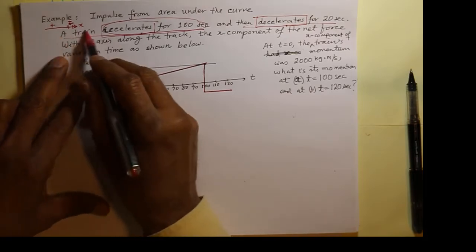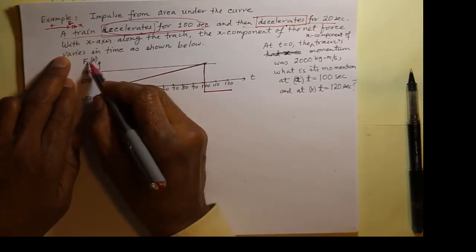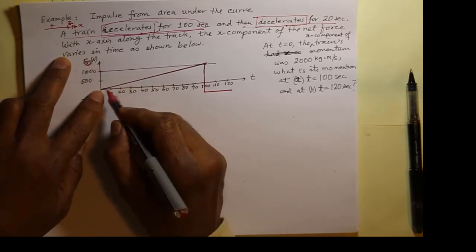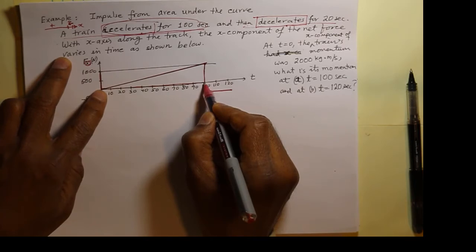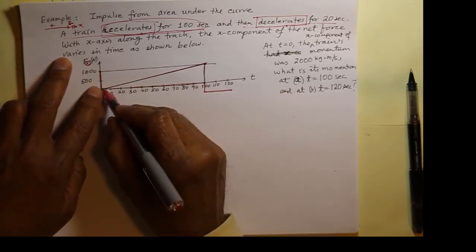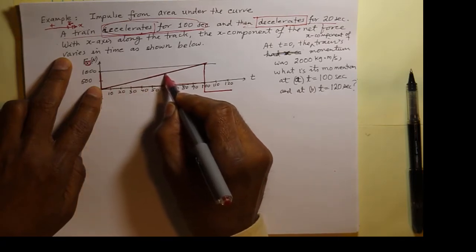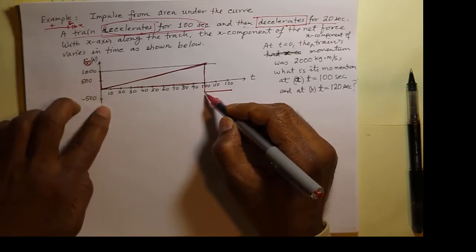If I take x as the track, and we plot the x component of the force, I will see all these positive forces for the 100 seconds. It's given that the force is not constant, the force is actually changing. And at 100 seconds, suddenly the force becomes negative.